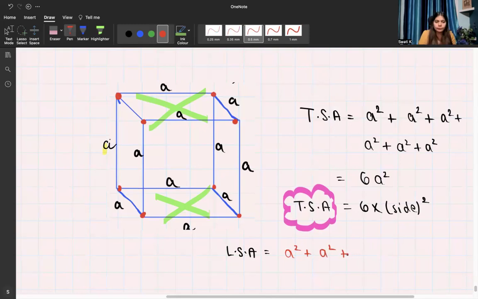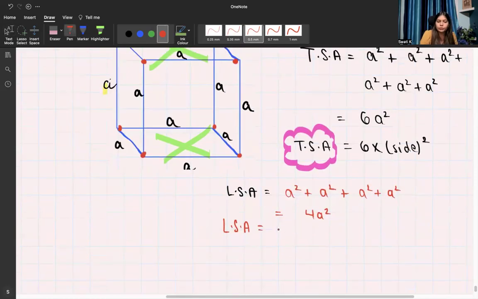So area of the left face, A square, area of the right face, A square. So basically from 6A square, if you remove 2A square, we get 4A square. So the lateral surface area of a cube is 4 into side square. That's the formula.